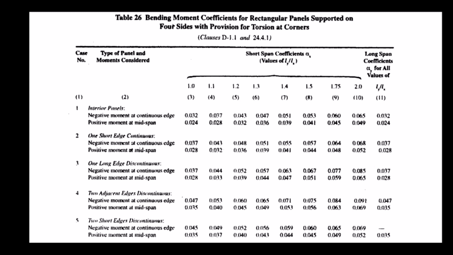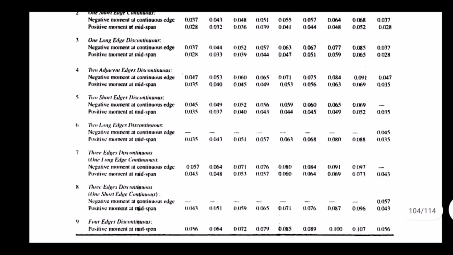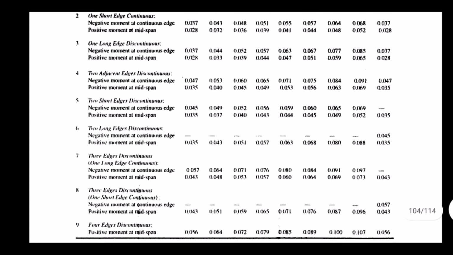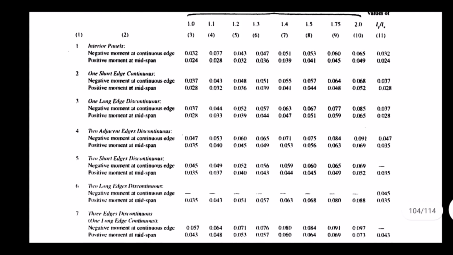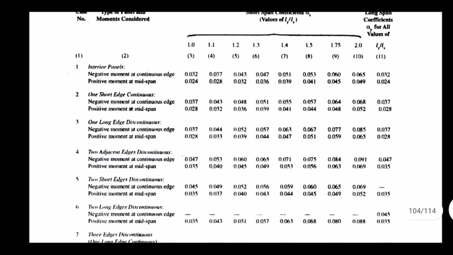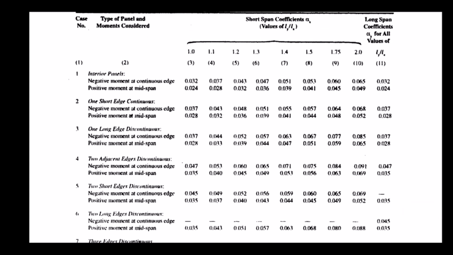There are many support conditions like interior panels, one short edge discontinuous, one long edge discontinuous, two adjacent edges discontinuous, two short edges discontinuous, two long edges discontinuous, 3 edges discontinuous, 4 edges discontinuous, etc. If any condition among these is directly or indirectly given in the question, we will use these values depending upon the Ly by Lx value.